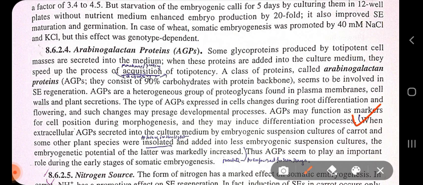So arabinogalactan protein seems to play an important role in the early stages of somatic embryogenesis. So we can add externally these arabinogalactan proteins, which are generally secreted from the explants, from the totipotent cells.